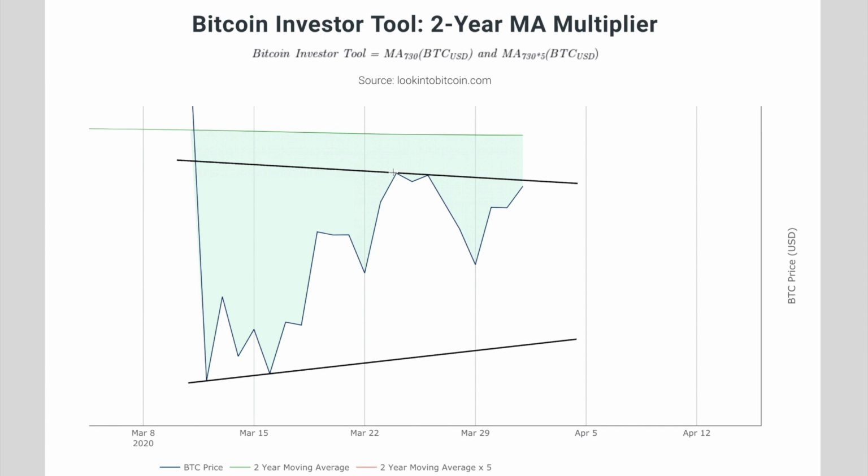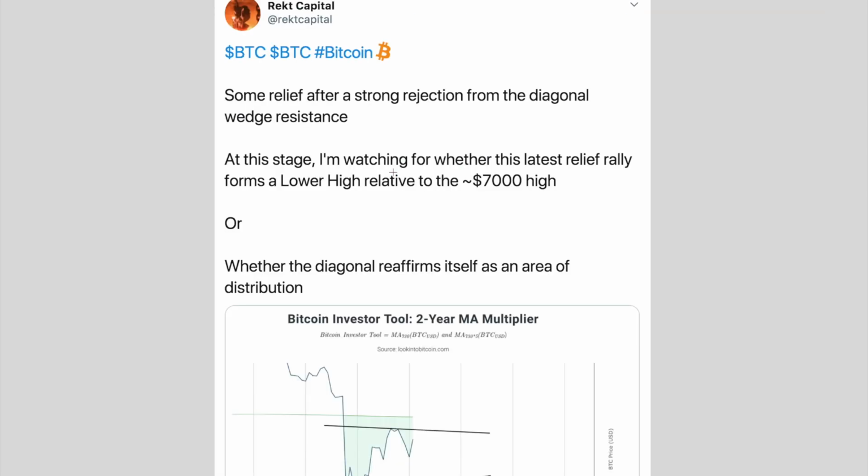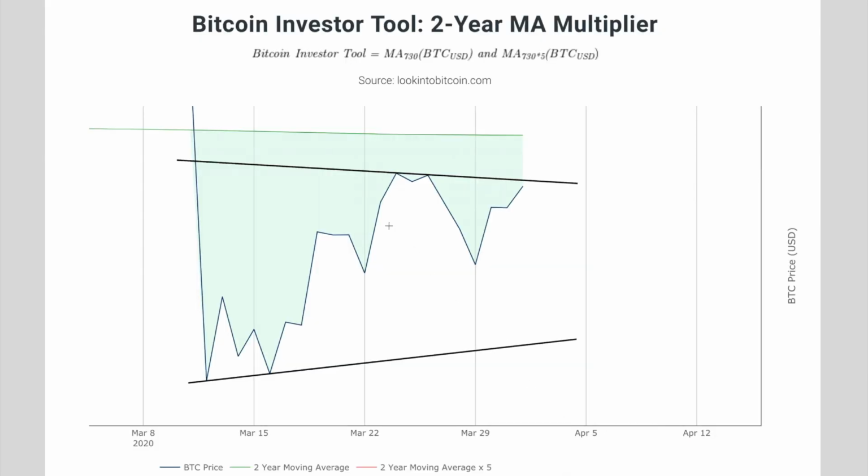At the moment, one of the things that I'm looking for, and this is something I spoke about in my tweet and also in my recent videos here on YouTube, is that I am watching for a strong reaction either from the diagonal wedge resistance or a resistance that would be something like this. So if we cycle back to the chart over here, this could be the diagonal resistance rejection, or it could be more of a horizontal rejection.